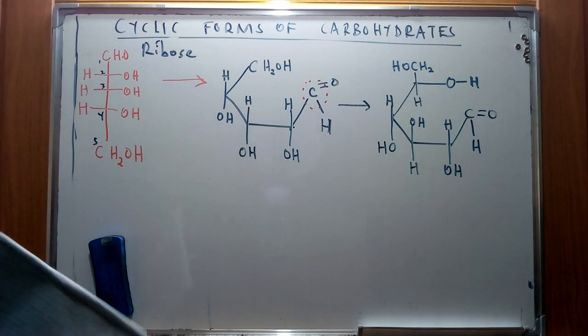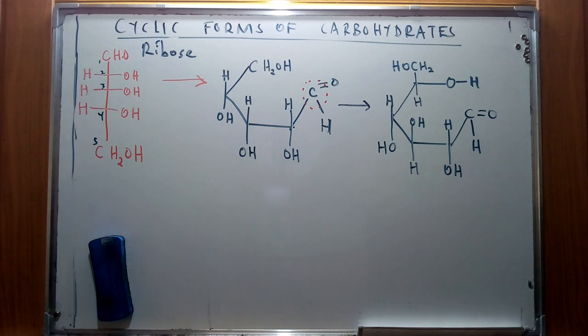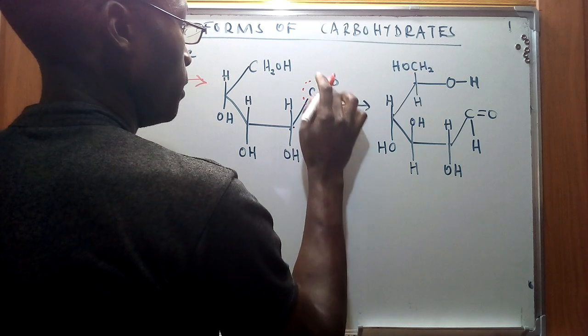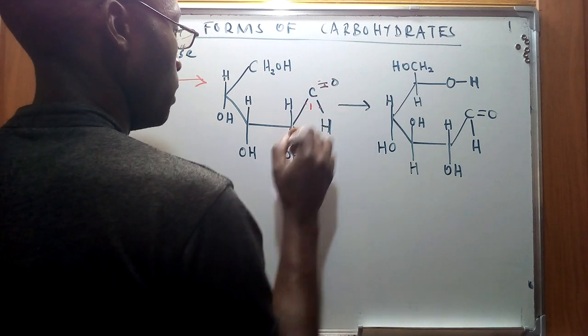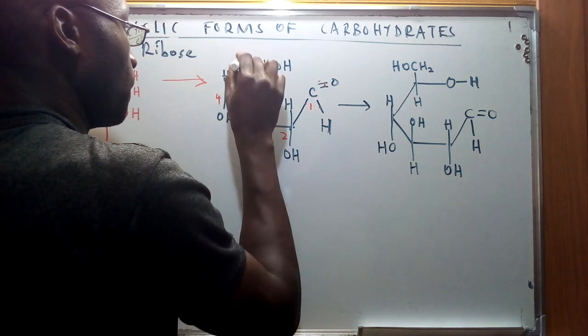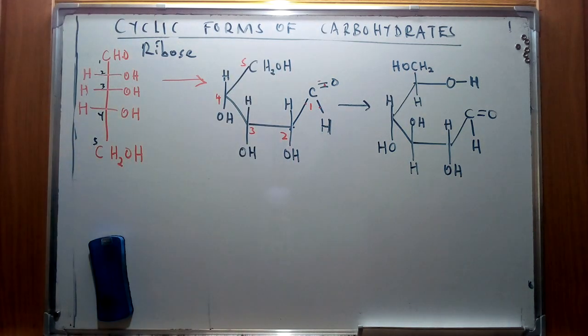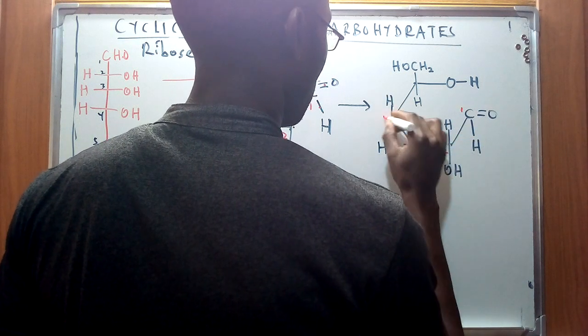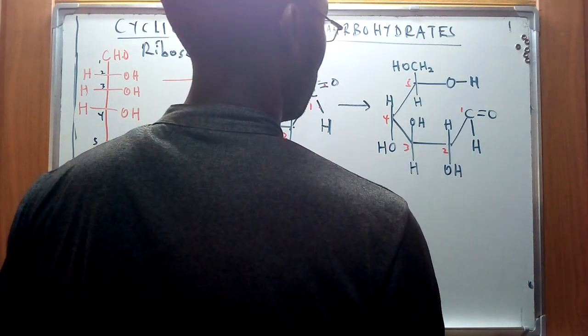If I try to give the same representation for this specific case from the aldehyde group, then we're going to have this one as carbon number 1, 2, 3, 4, 5. Now if we compare this specific rearrangement, then I can still give this one as 1, 2, 3, 4, 5.